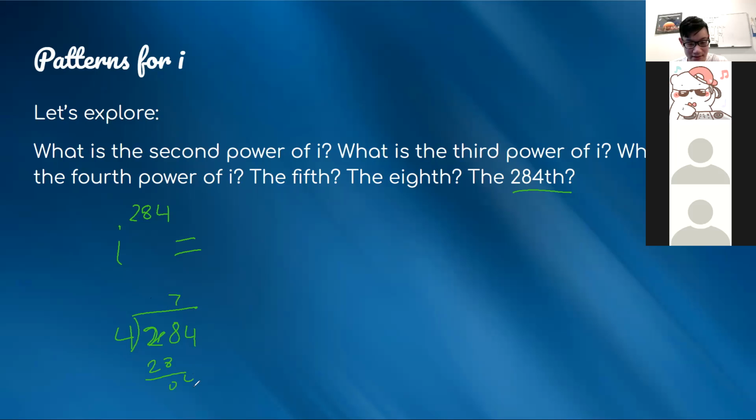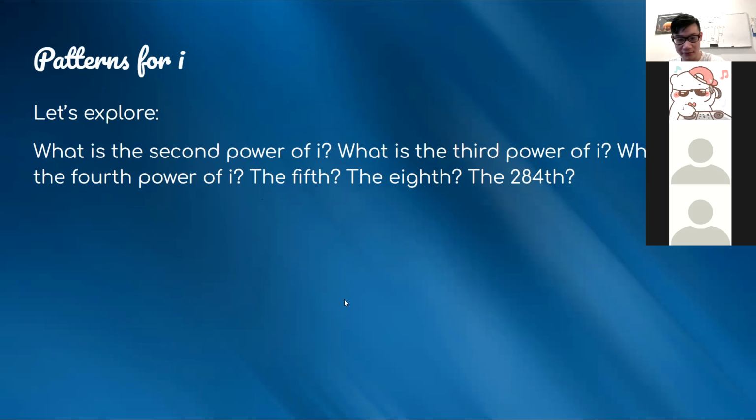This is 0, this is 4, 1, 4, and a remainder of 0. And what happens when we have a remainder of 0, guys? Do you guys remember? Yep, it's just 1. So I to the 0th power is actually just 1. So we know that I to the 284th is just 1 because it's a multiple of 4 with a remainder of 0.